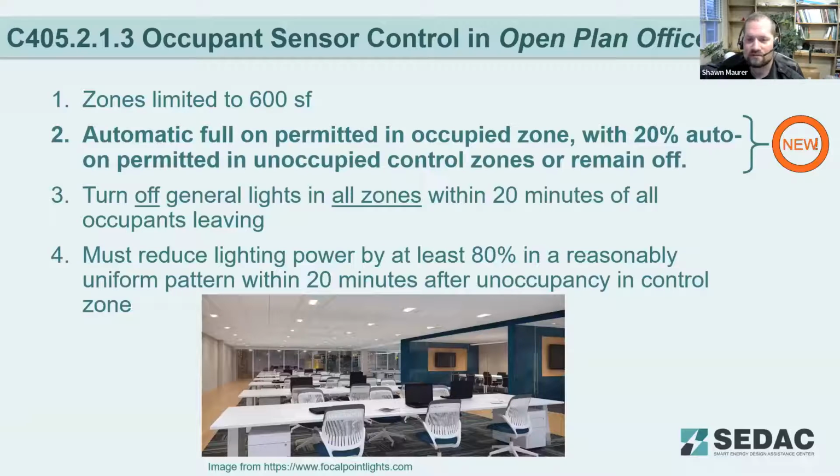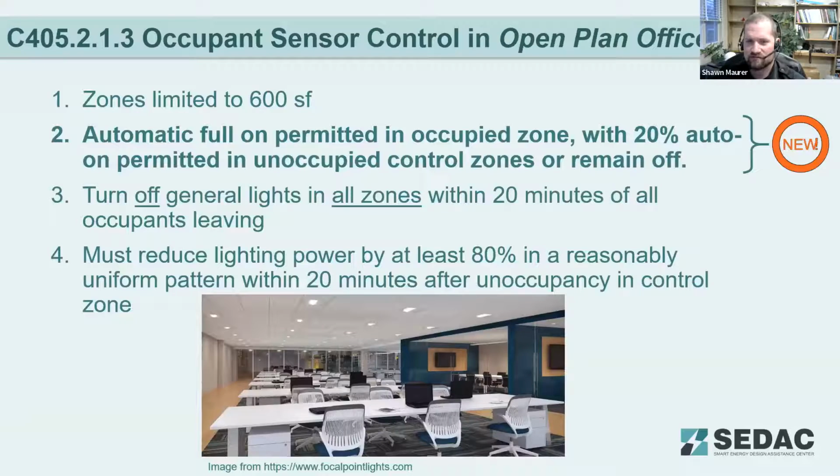There is an exception to point number 3, the turning off general lighting in all zones within 20 minutes. If space general lighting is controlled by a time clock, then that is handled by the time clock instead of an occupancy sensor control in the open plan office space.